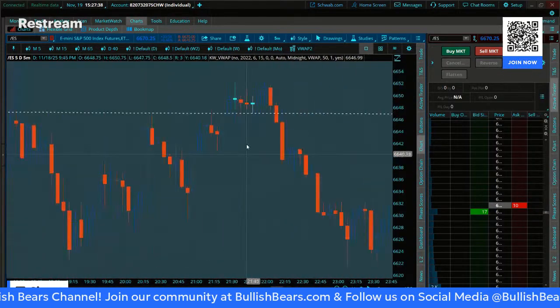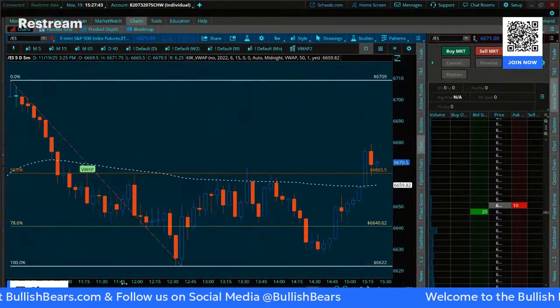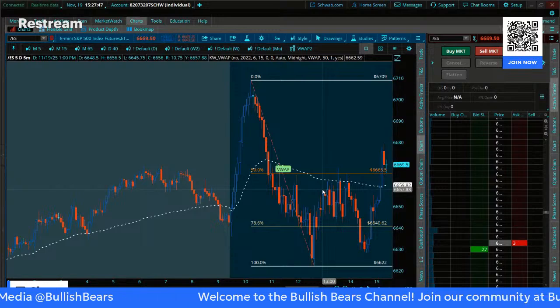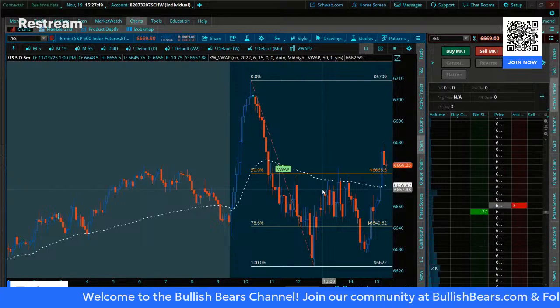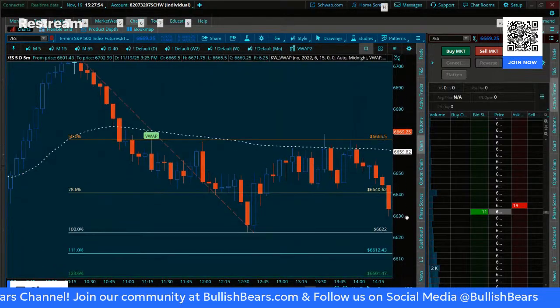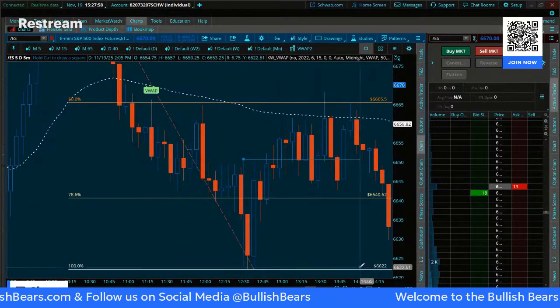To VWAP. So if you're at high of day or if you're at the low of day and price is turning around, where are we going? At the bare minimum, we're going to VWAP. That helps you better gauge, do I still want the trade? So look how this bar closed.